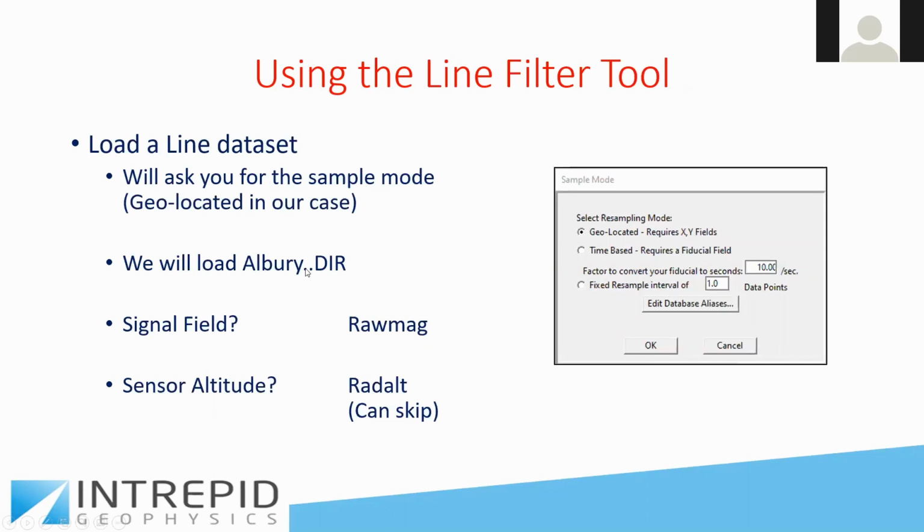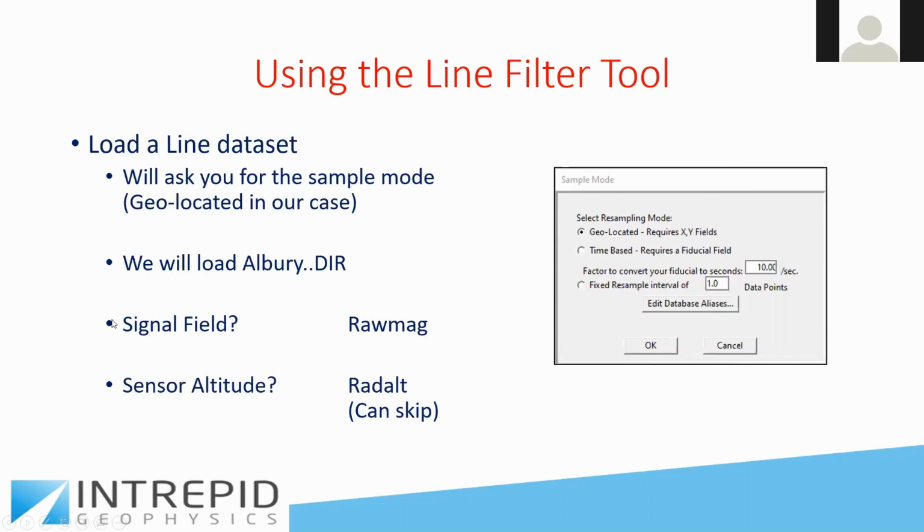And when you do that, and click Open, you'll be greeted with this box, which asks you what the sampling mode of the data set is. We're going to choose geolocated. You click OK.